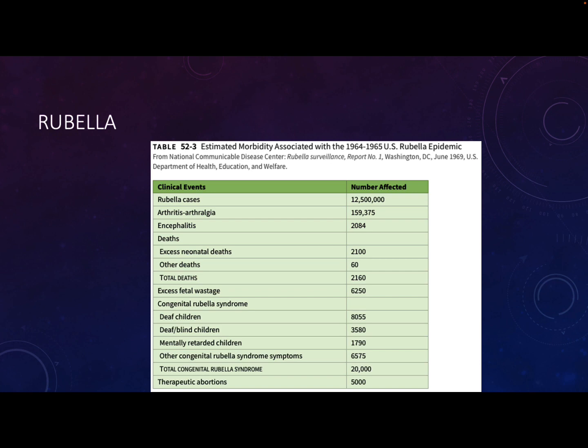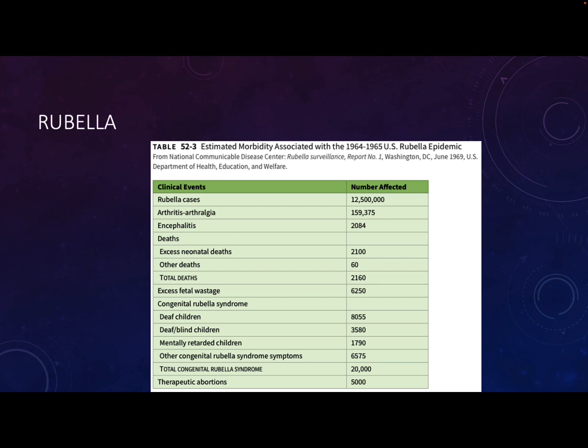And then congenital rubella syndrome. So these were children that were born. 8,000 children were deaf. 3,600 deaf and blind. Mentally retarded. I know, these textbooks use these terms, but from the 1960s, that's the term.